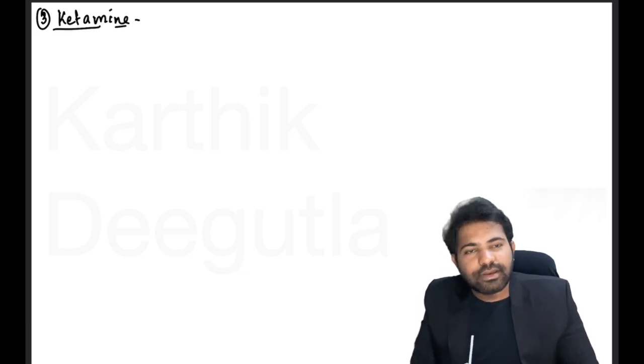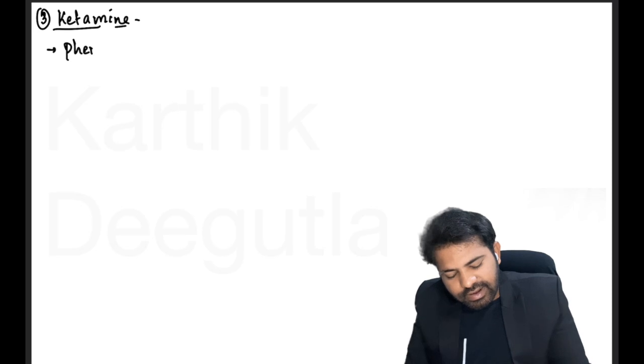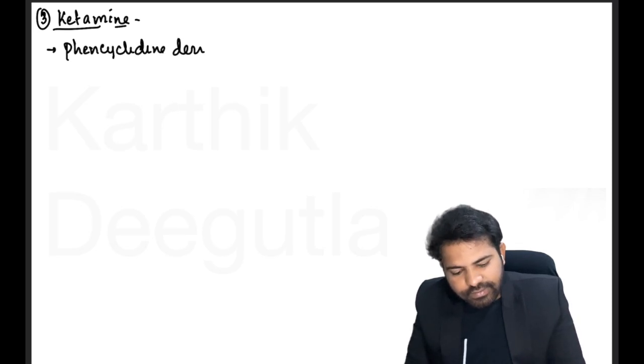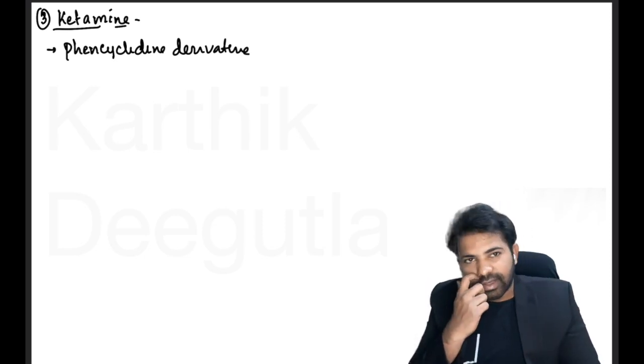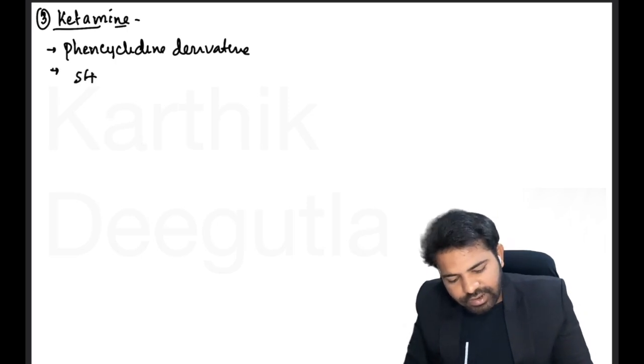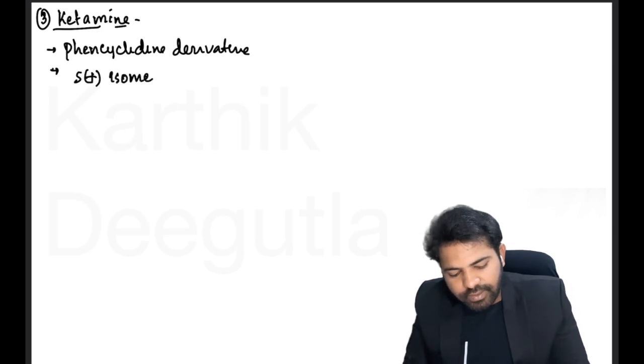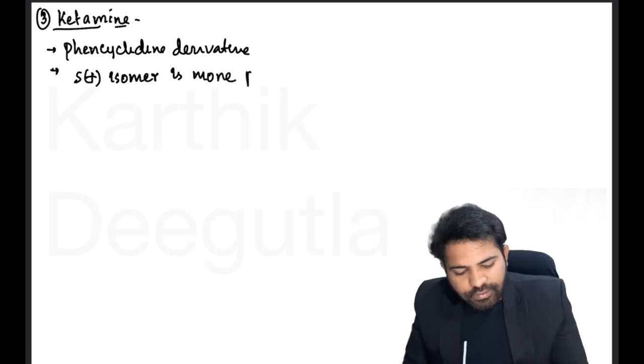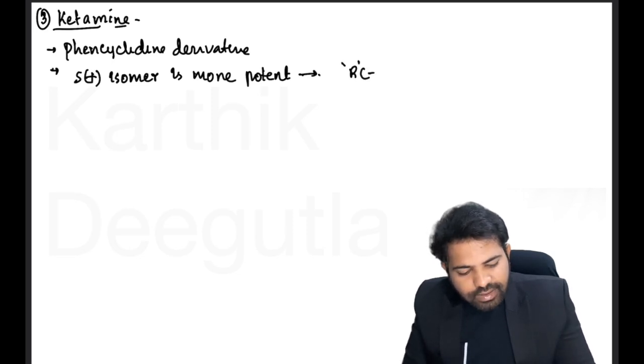So what is ketamine? Ketamine is a phencyclidine derivative. There are so many questions on ketamine in the examination, so listen carefully. It is an S plus isomer, a stereoisomer which is more potent than the R minus isomer.